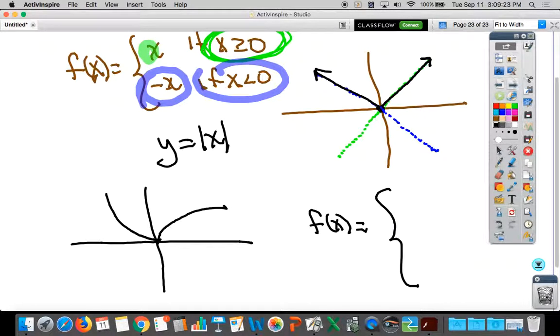Now, how many pieces do you see up here? 2. I see this one, which I'm going to make in green. I'm going to put it right here. And then I'll make this one orange, which I'm going to put right here.